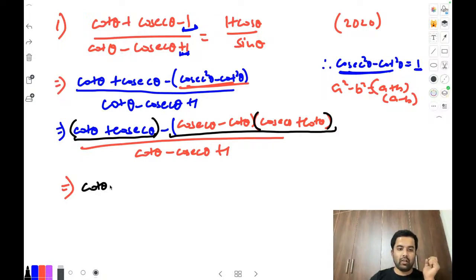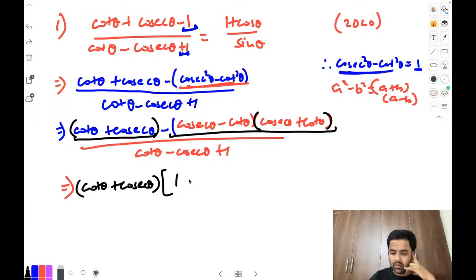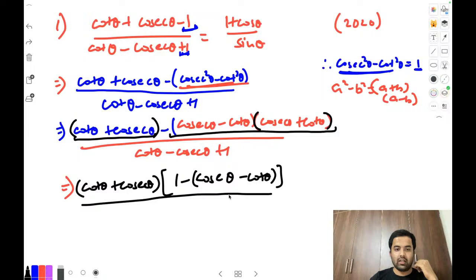If you take common cot theta plus cosec theta, what will come under the bracket: 1 minus cosec theta and minus cot theta. I feel till here it is okay.